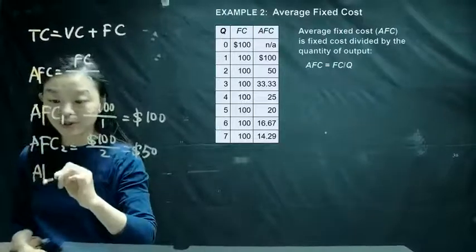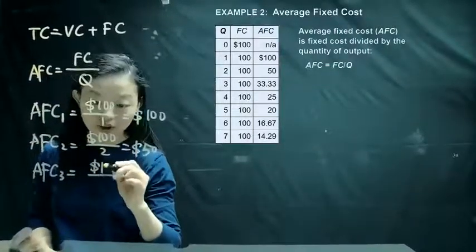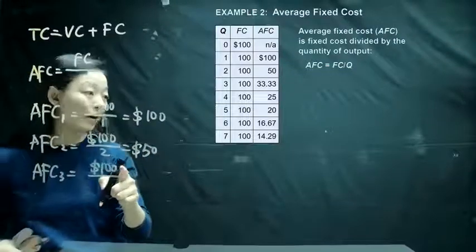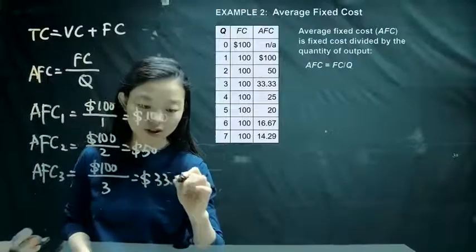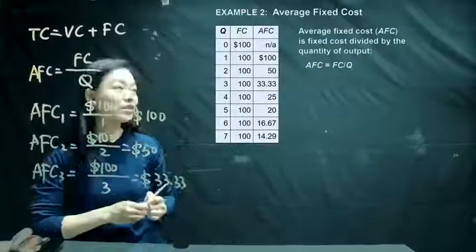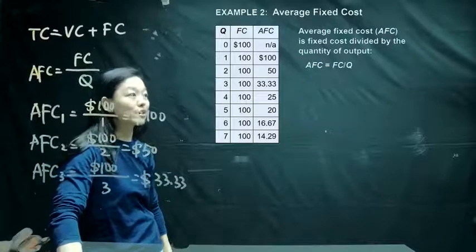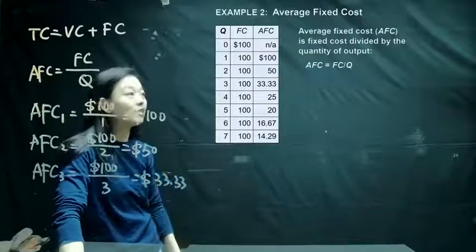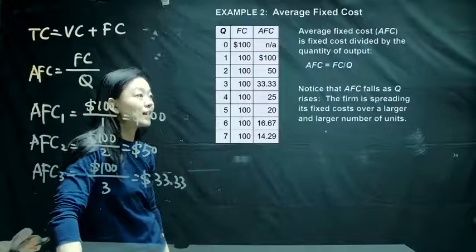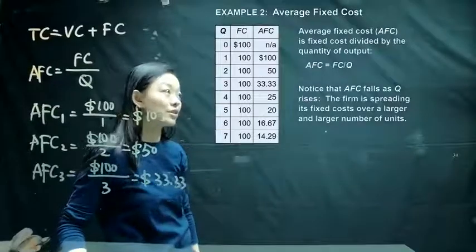And when the quantity increases to 3, the fixed cost is still 100, but now we divide by 3, so we have the average fixed cost. You can see the last column in this table shows the average fixed cost, and it always declines as there is more output. So notice that average fixed cost declines as quantity increases, okay?